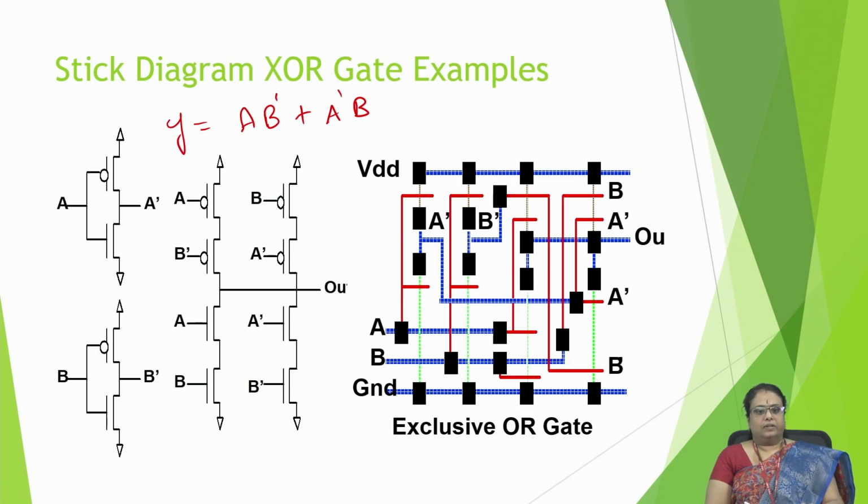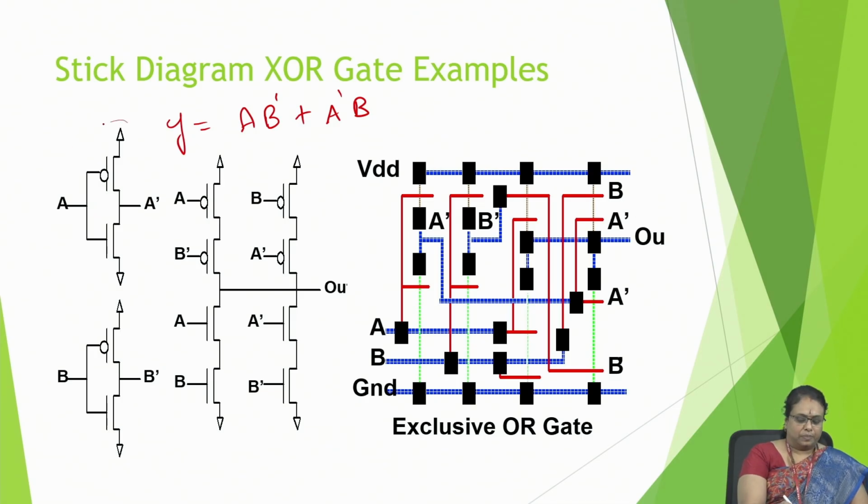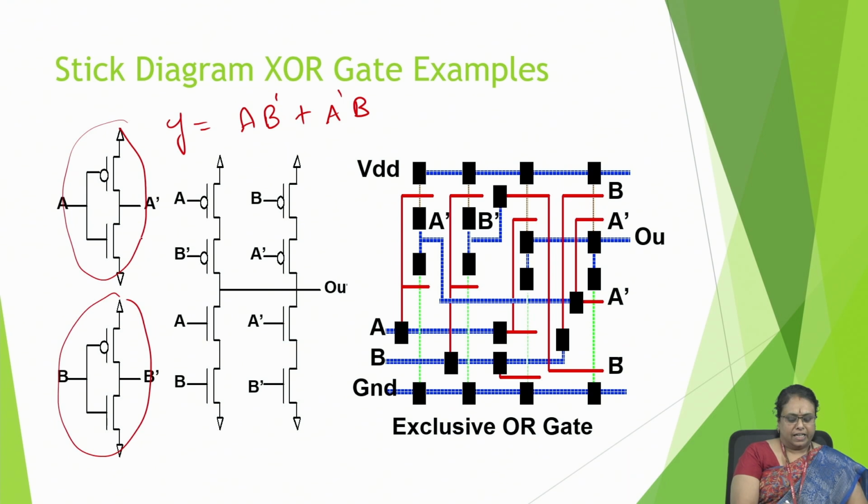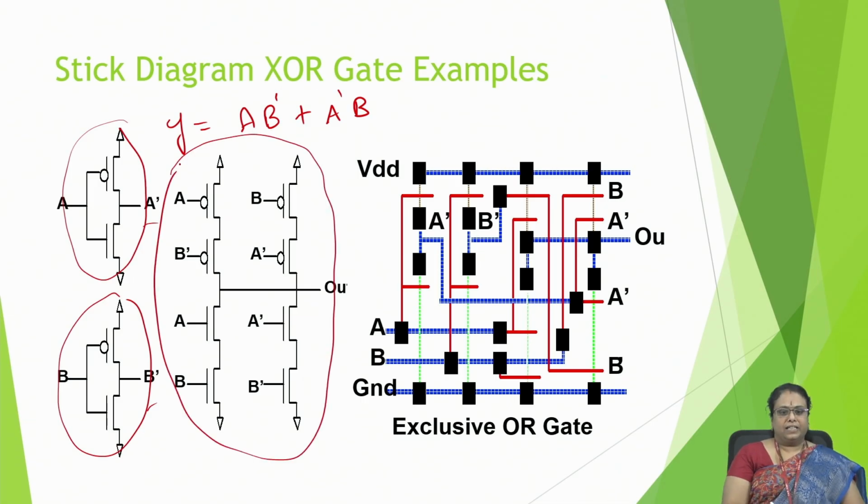But this is another representation that we can do for this. See here, you are using two inverters. This part, please try to observe. This part is, we are getting inverter outputs, A bar and B bar. So implementing this schematic will give you your output of XOR.